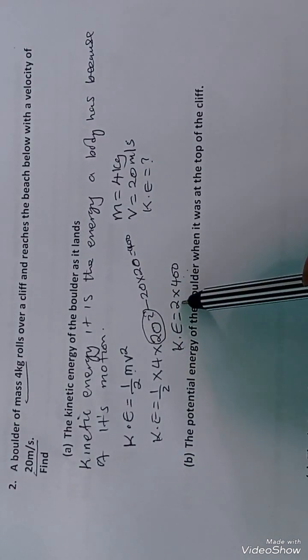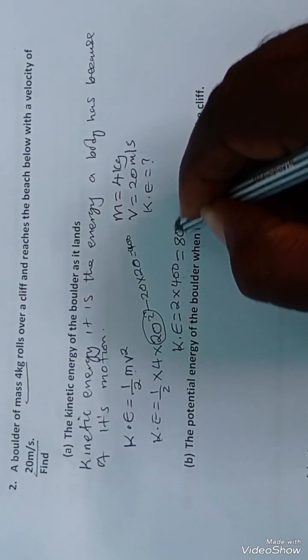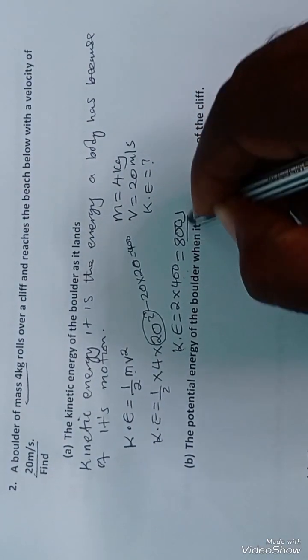So kinetic energy is equal to 2 times 400. The answer is 800 joules. So that is kinetic energy.